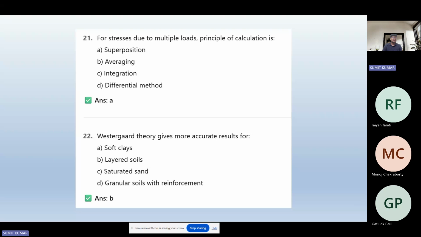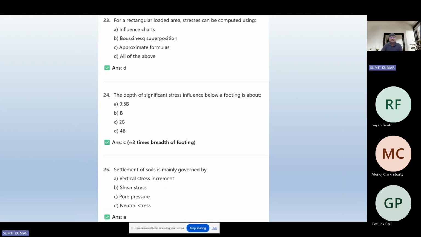Over there we calculated the stress for each of the points, and then we superimposed the stress due to load applied at point 1, point 2, point 3 on point 5, which is evaluated, calculated, and stated. Now the next question is related to Westergaard, so leave it.